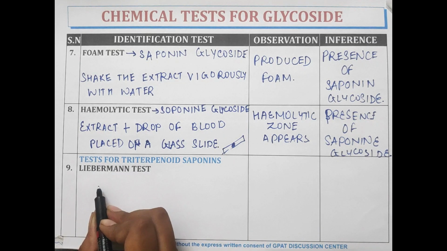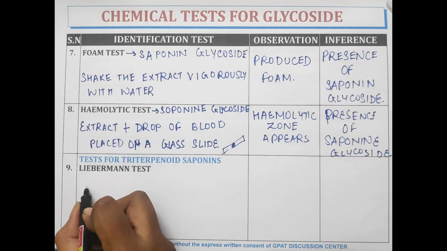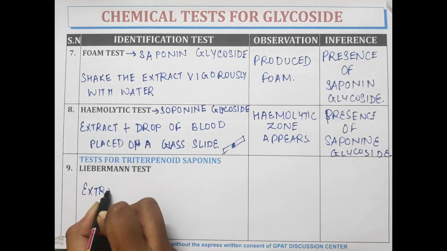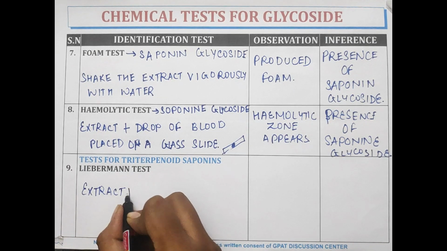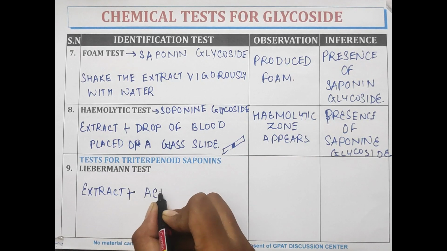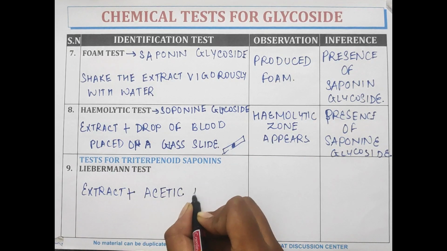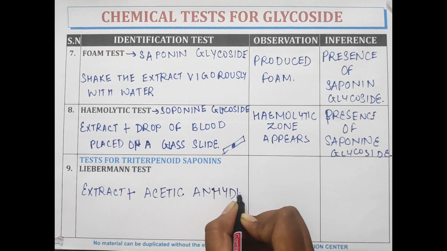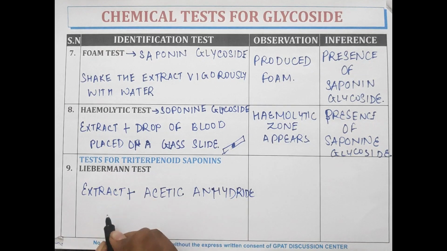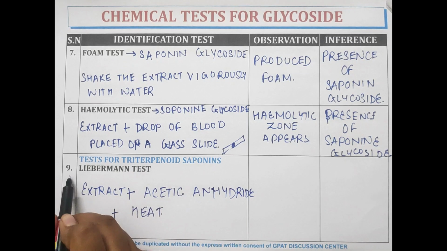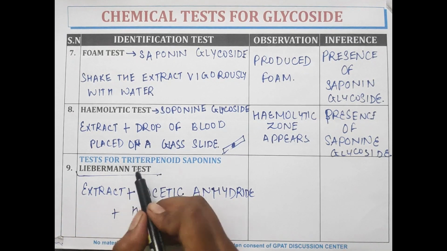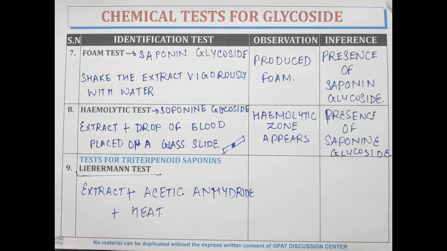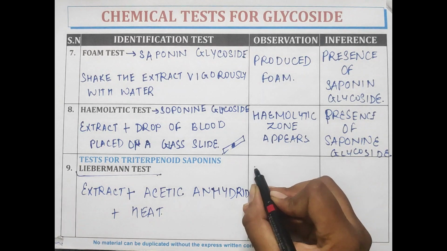In this test, extract is used which is mixed with acetic anhydride, and this is heated. Lieberman test is a test for triterpenoid saponins in which extract is mixed with acetic anhydride and heated.